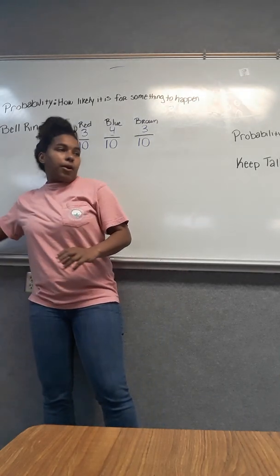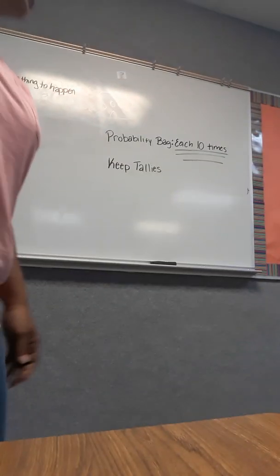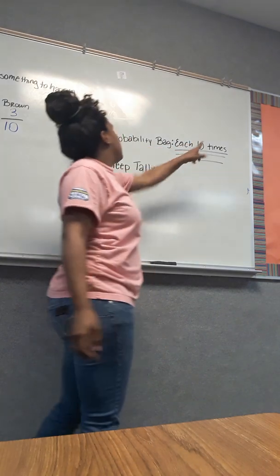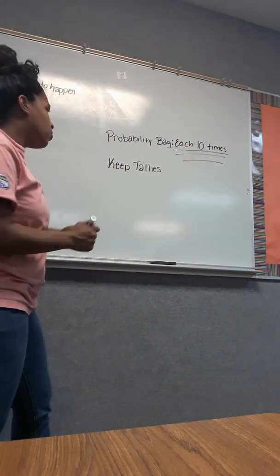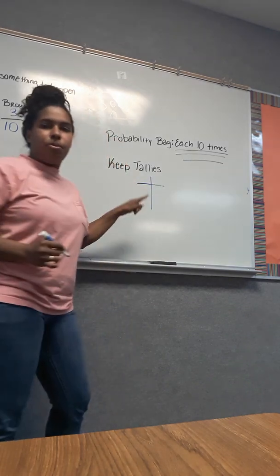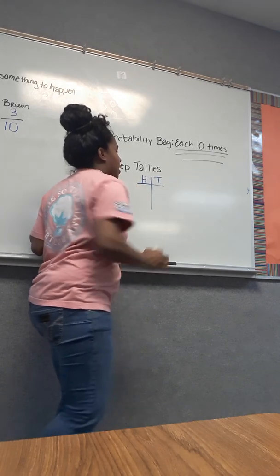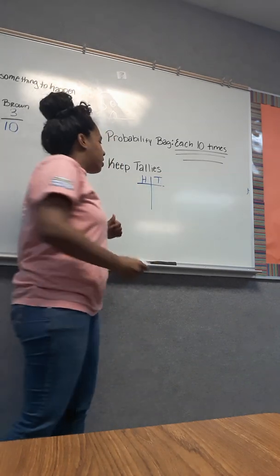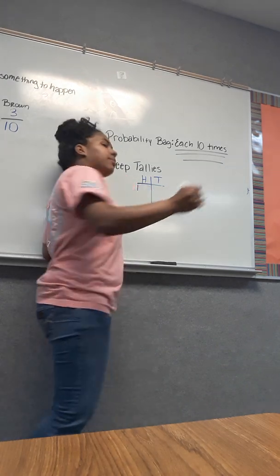So on your paper, you are going to do the activities 10 times each, and you will keep tally marks. When you're doing the coins, you'll just have a chart like this, a plain T-chart. You'll have heads on one side and tails on the other. As you flip it, you'll say, okay, I flipped it and I got heads. Put a tally mark.